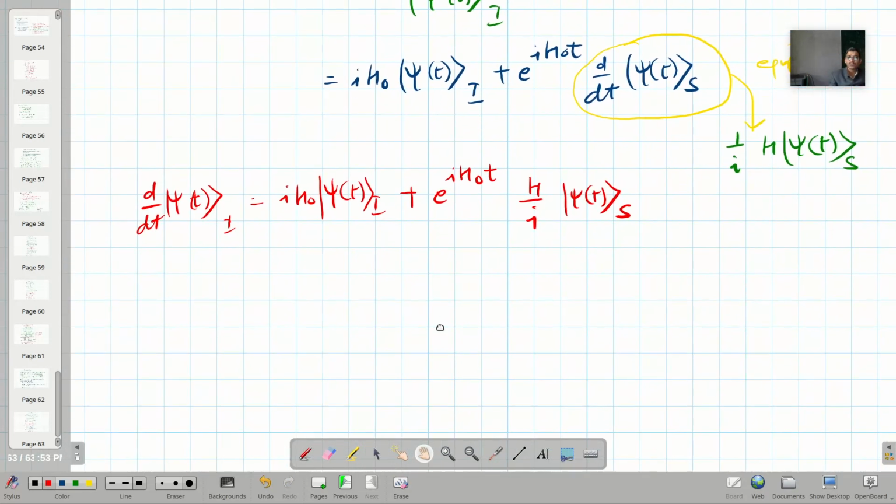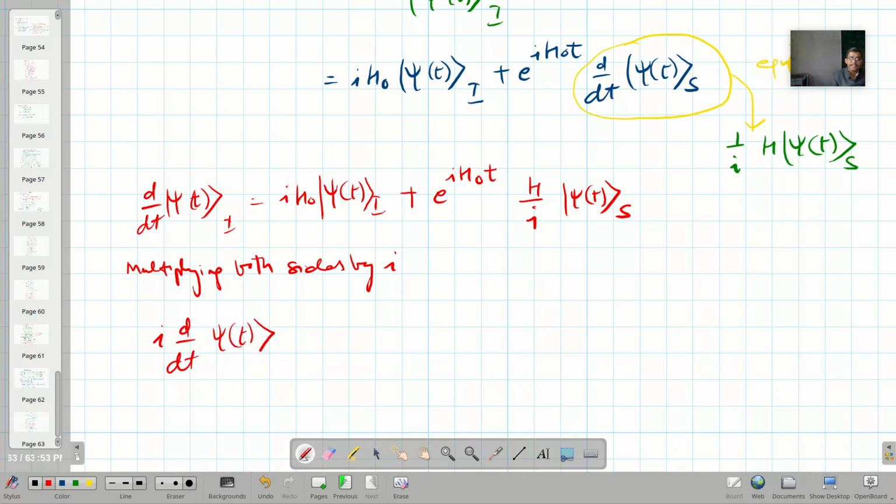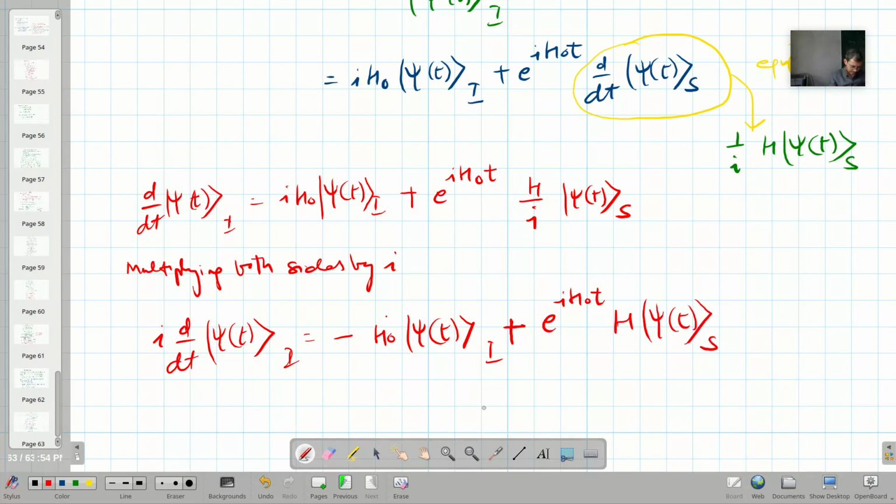Now multiplying both sides by iota, what will it be? It is iota d upon dt psi t I, and it must be equal to, this will become minus, because iota into iota, iota square is minus 1, so h naught psi t I plus, this iota will cancel out, so e raised to power iota h naught t into this one, right?